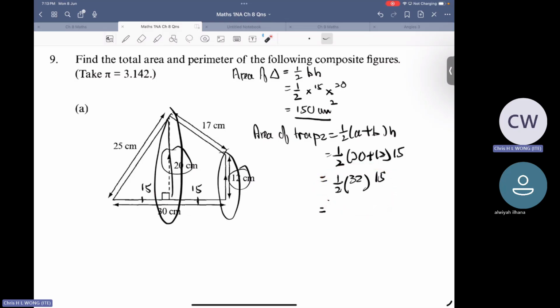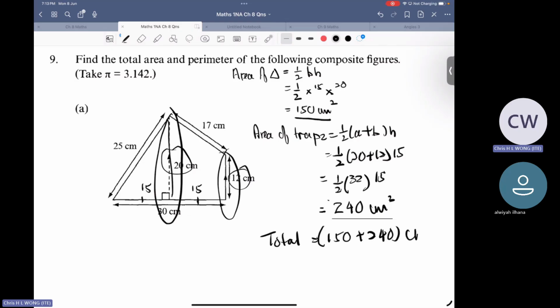Is it correct? 240 cm square, underline. So total will be total A plus B, right? 150 plus 240 cm square. That will give you 390 cm square. One answer.